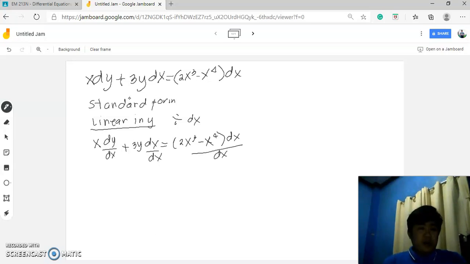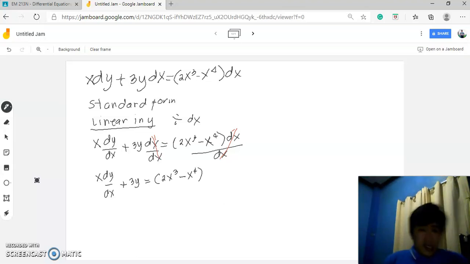So from here, we can now cancel this dx, this one, and this one also. So what remains in our equation is just x dy over dx plus 3y is equivalent to 2x cubed minus x raised to the power 4.